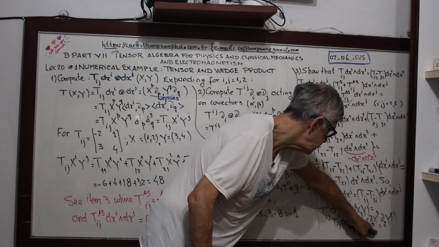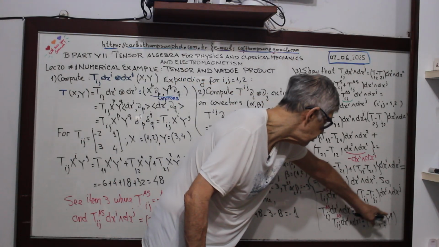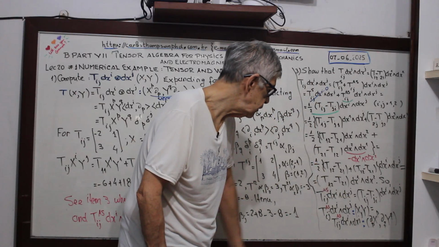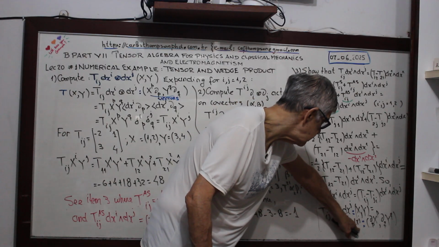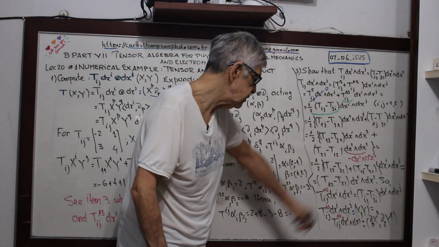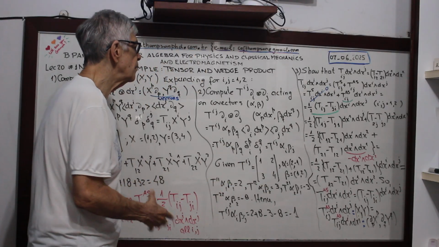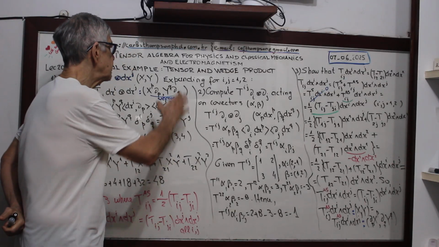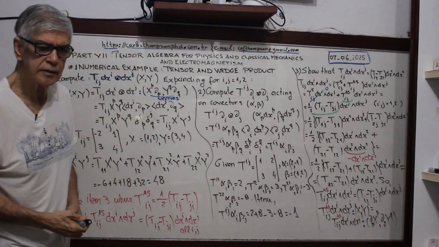I just substitute the components of vector x and vector y, and then the Kronecker delta will appear. Then I calculate T_ij dx^i wedge dx^j, now acting on these two vectors. That's easy, it's just numbers. That's it. Again, I'm emphasizing the difference between the tensor product and the wedge product. They are completely different. That's it.